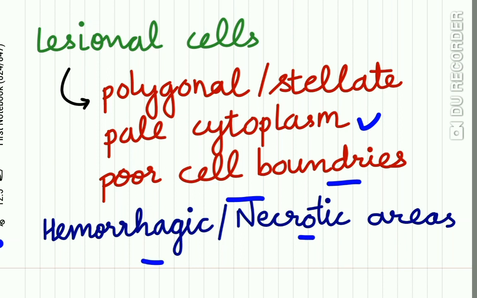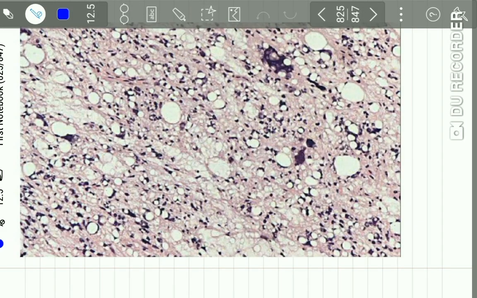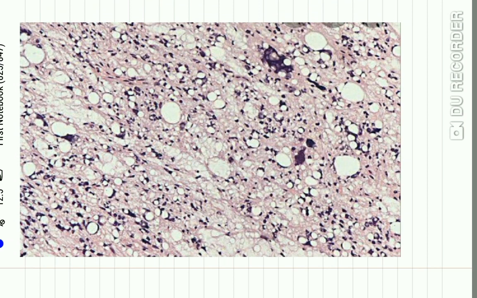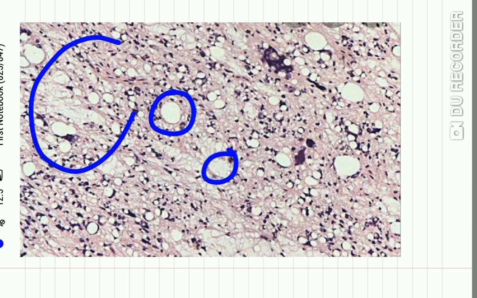Areas of hemorrhage or necrosis may be seen. So here you can see pleomorphic liposarcoma having mixed cellularity and cells with pale eosinophilic cytoplasm, and also this bizarre appearance of the stromal pattern is seen.